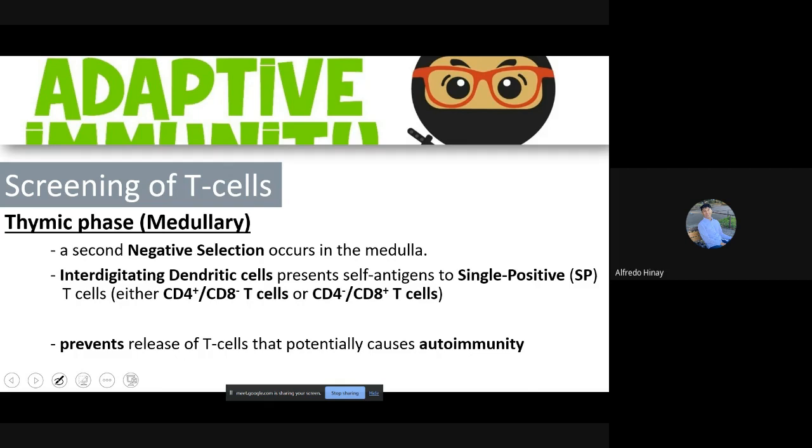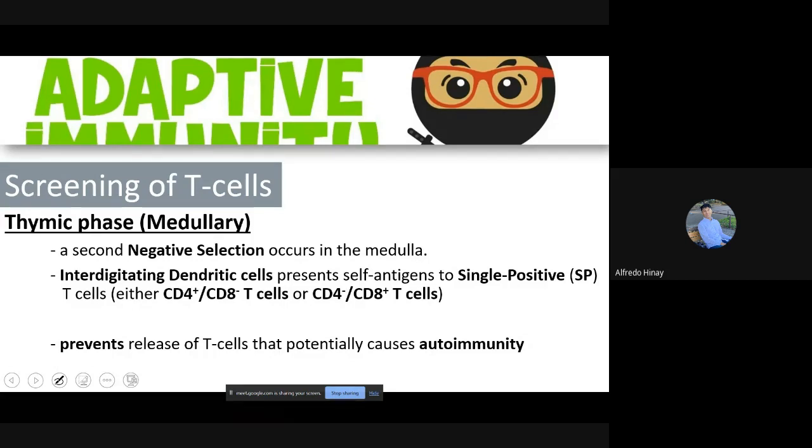But in the medulla, there are interdigitating dendritic cells that will present the self-antigen to a single positive T cell, either CD4 or CD8. The second screening will prevent the release of T cells that potentially cause autoimmunity.